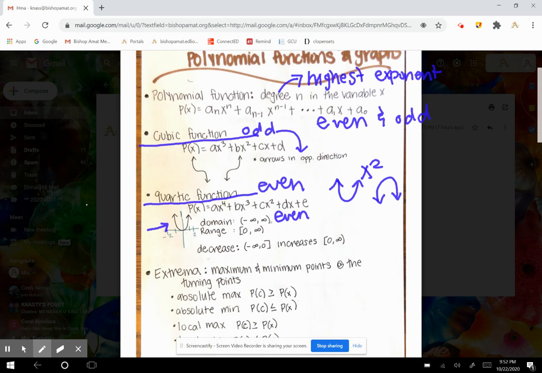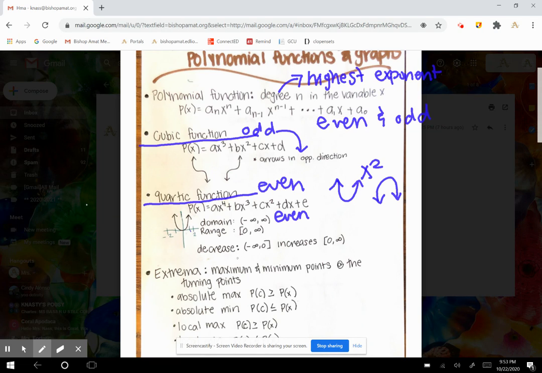Our range, again for all even graphs, starts from the bottom and you move up through the graph. So here this starts at 0 and goes to positive infinity. Hard bracket at 0 because it's sitting right at 0. Okay, it can't be below.